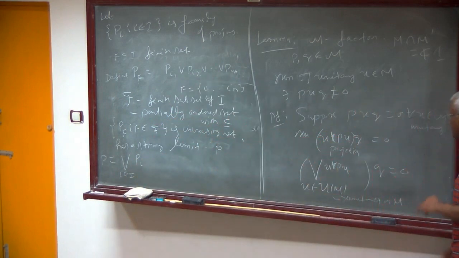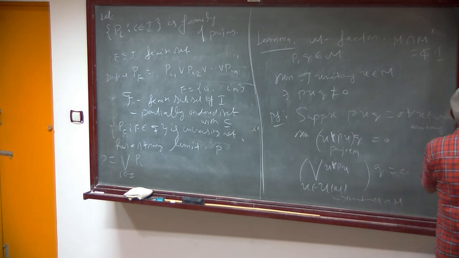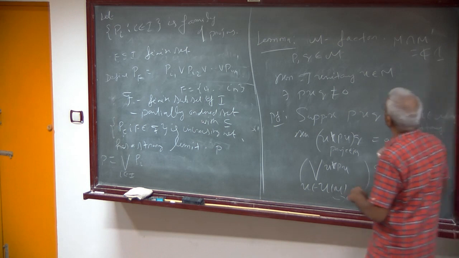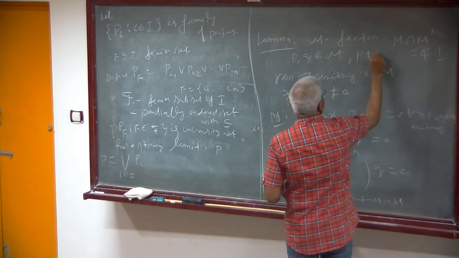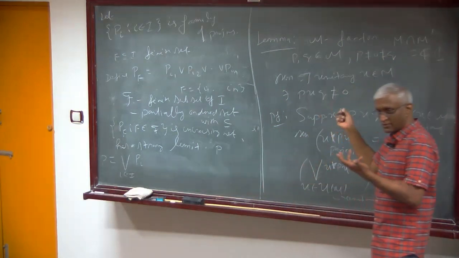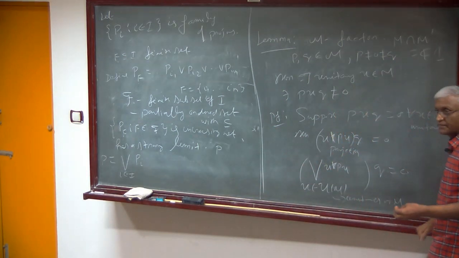Here P and Q are supposed to be not equal to 0, of course, because for the zero projection such a thing is not true.